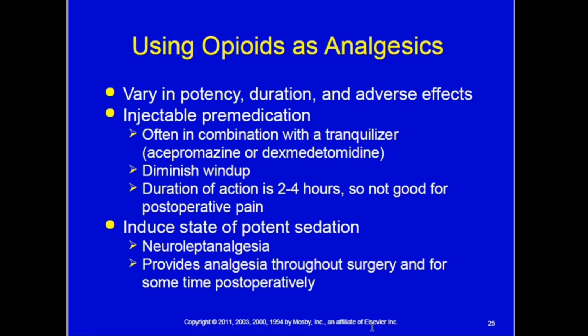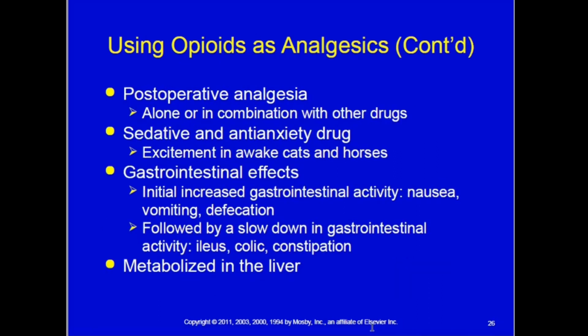In neuroleptanalgesia, there is an induced state of potent sedation, providing analgesia throughout surgery and for some time post-operatively. In post-operative analgesia, opioids can be used alone or in combination with other drugs. For example, we use morphine with epidural and local anesthetics.